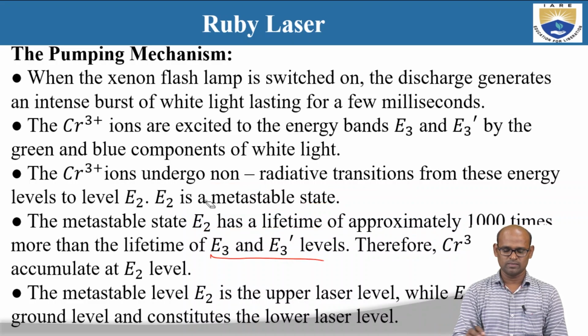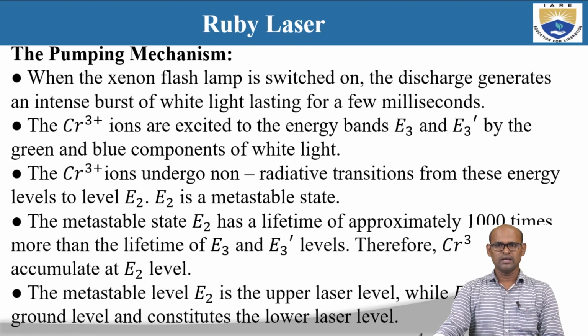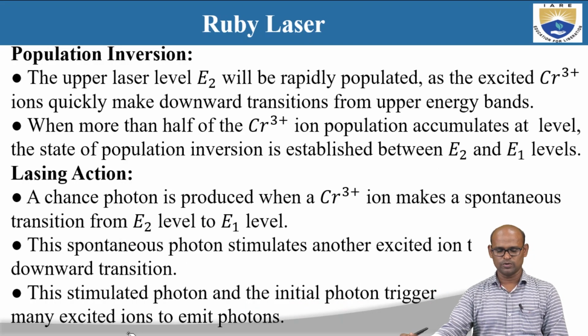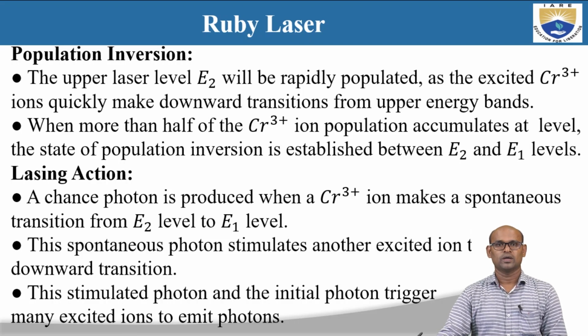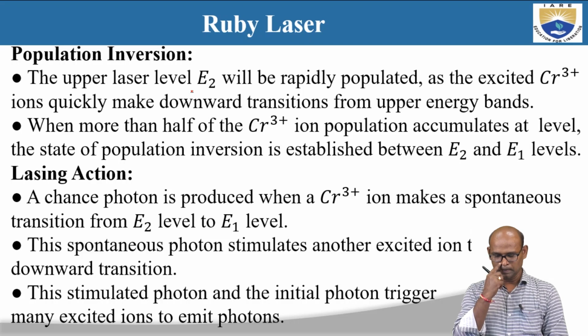Therefore chromium atoms accumulate in the E2 level, and there is population inversion between E2 and E1. E2 is the upper laser level and E1 is the lower laser level.